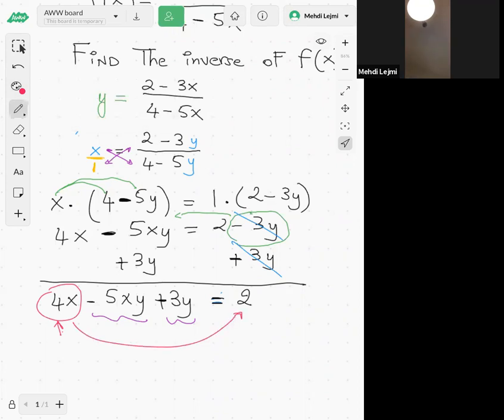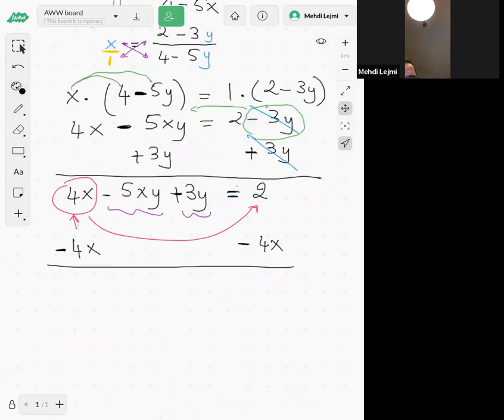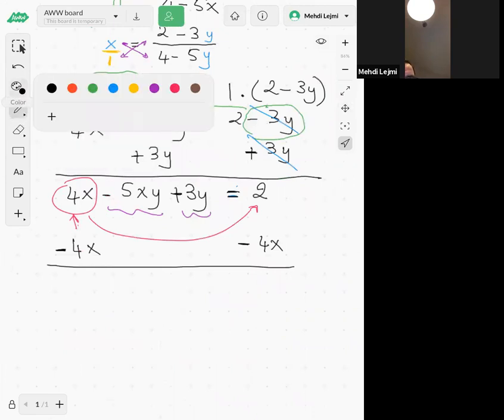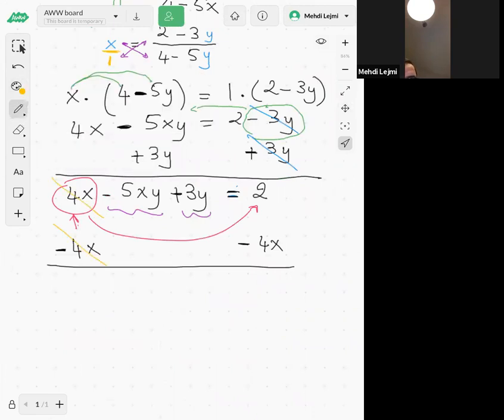When I say move, I mean you do the opposite operation. So this is plus 4x, so I need to subtract 4x. So minus 4x. So this 4x here cancels out. Now it's minus 5xy plus 3y equal to 2 minus 4x.